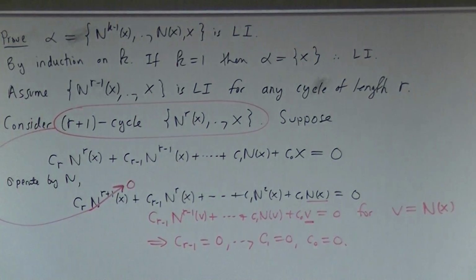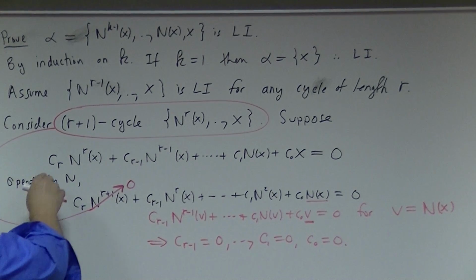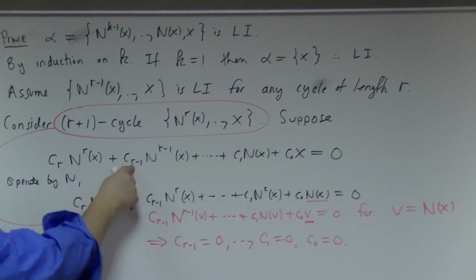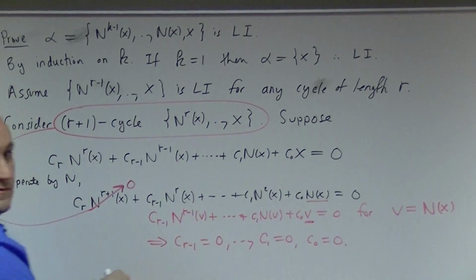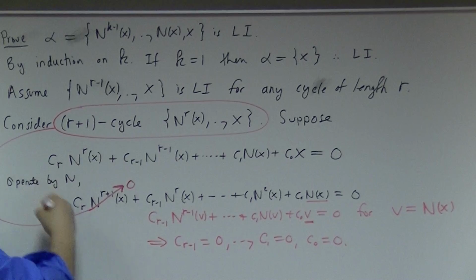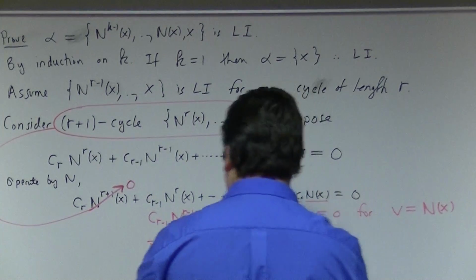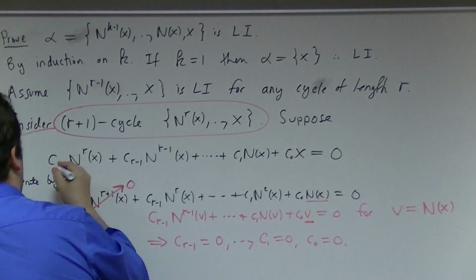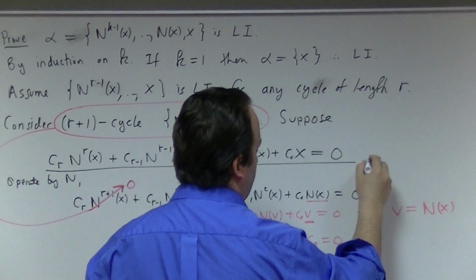And then how do I get that c sub r is 0? Well, I can just go back to here. If this is 0 and that's 0 and that's 0, then let me just give this thing a label. Call this thing Pac-Man.